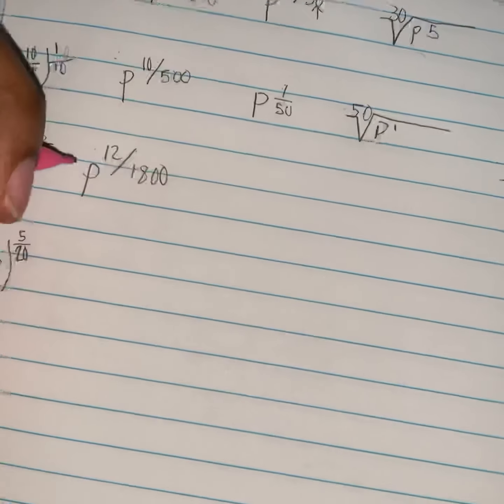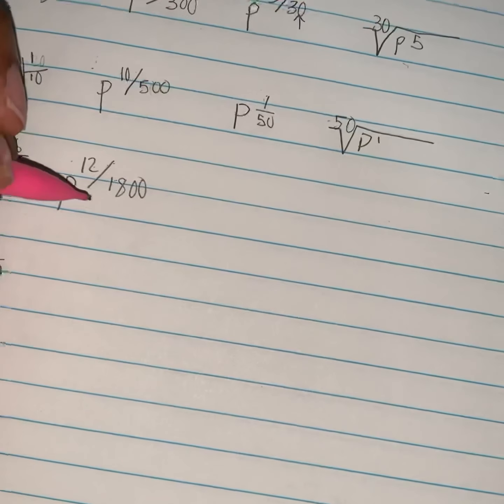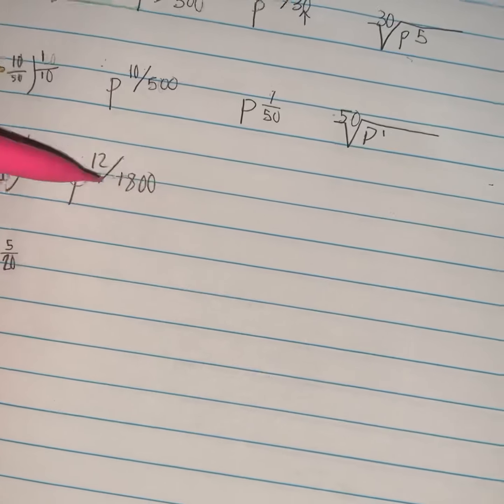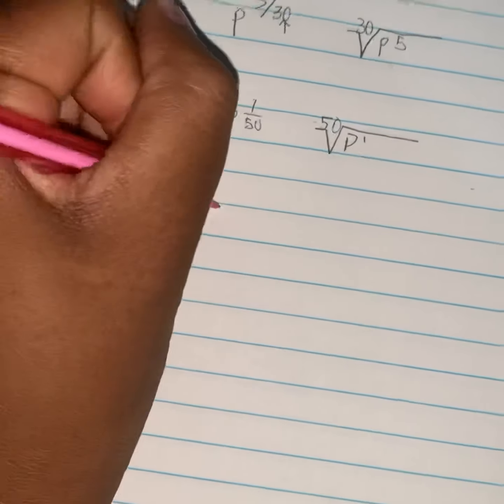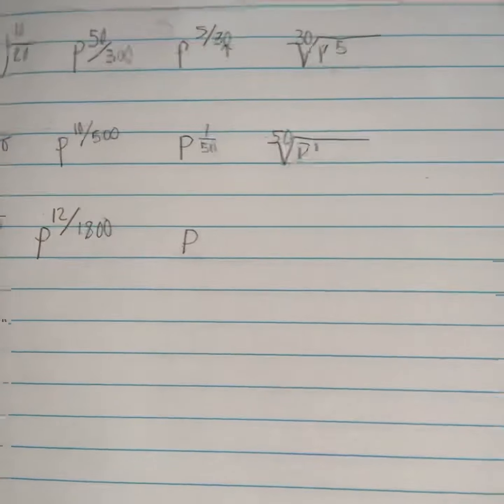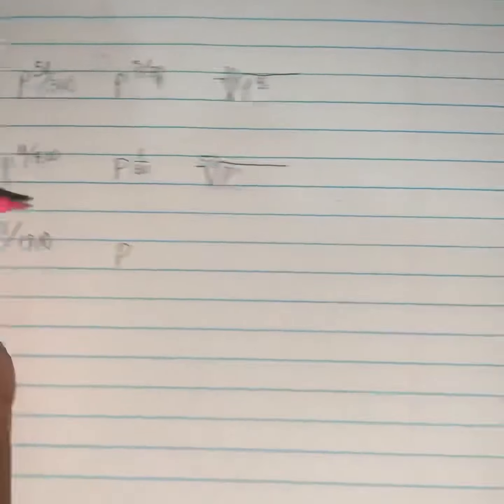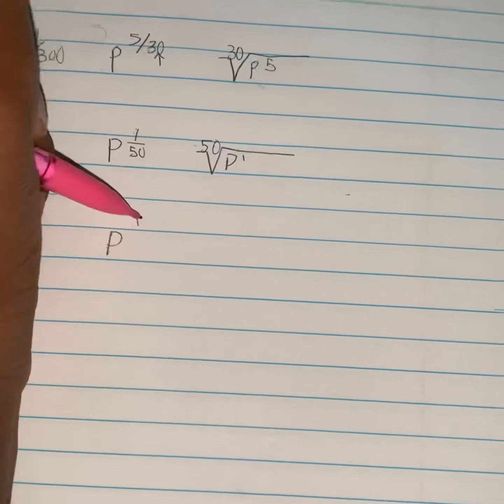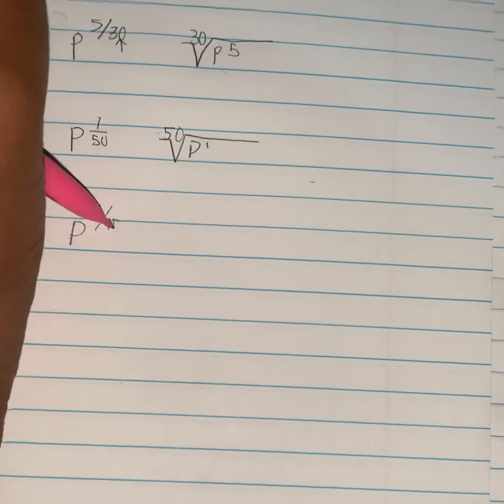Now that's a big number, so we want to simplify this down if we can. So we could divide both by 12, so that would give us 1 over 150.